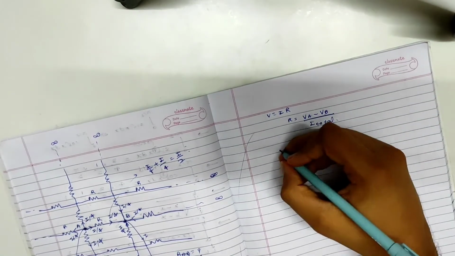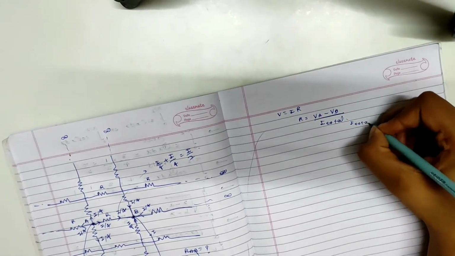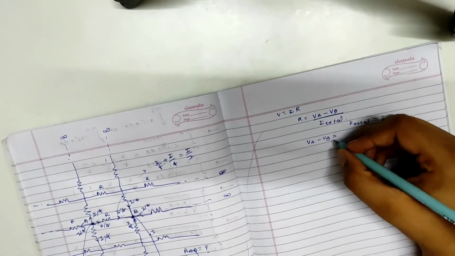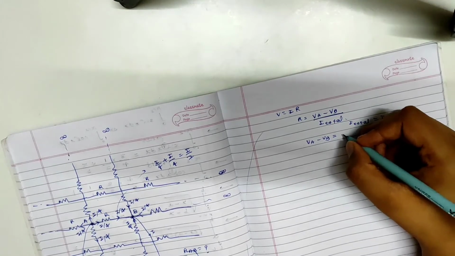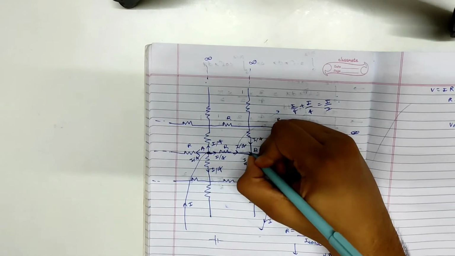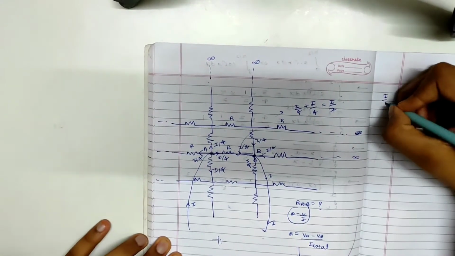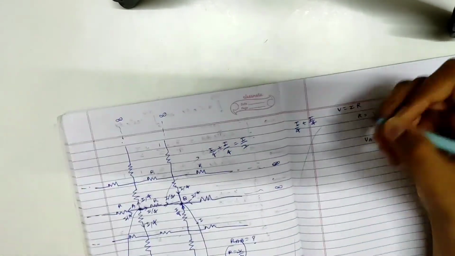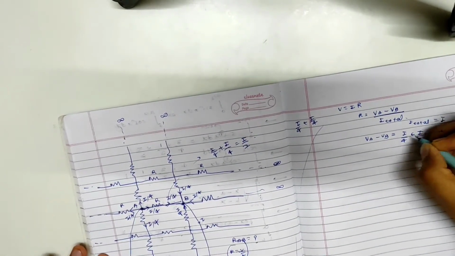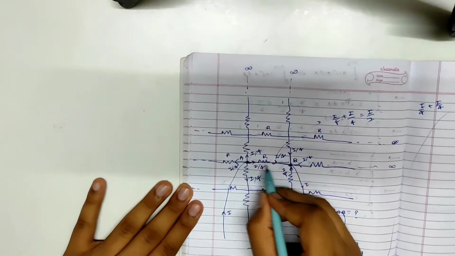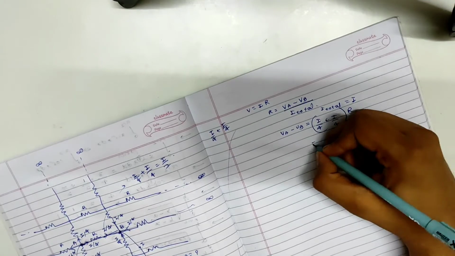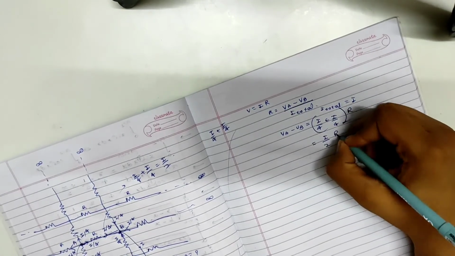Now consider I total equal to I, and V_A minus V_B is V equal to I into R. Here the total current is, from here I by 4 is coming, and here also I by 4 is coming, that is I by 4 plus I by 4, and a resistance R is connected between A and B. So this is I by 2 into R.